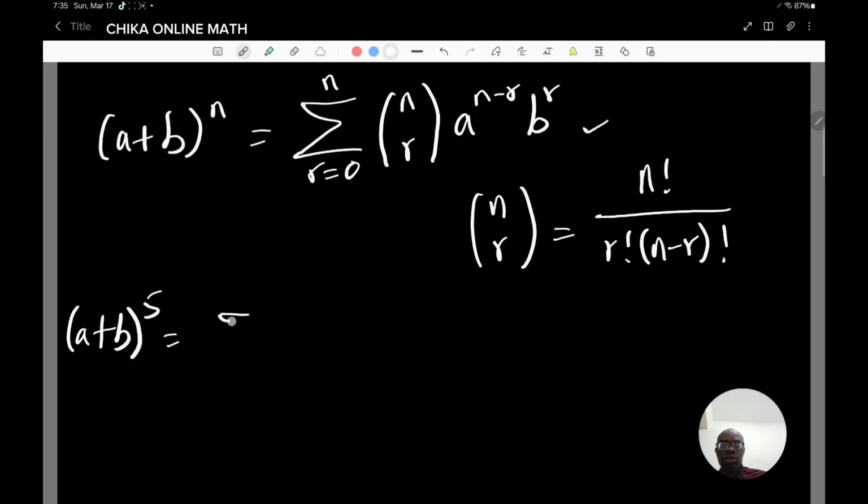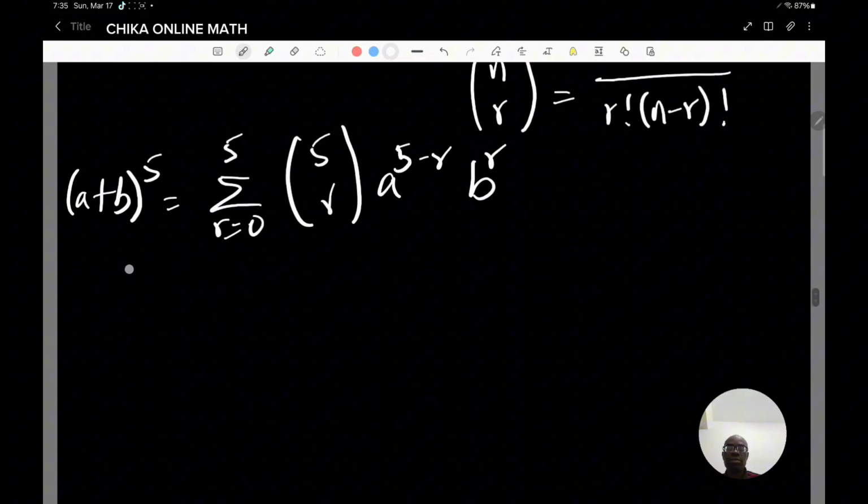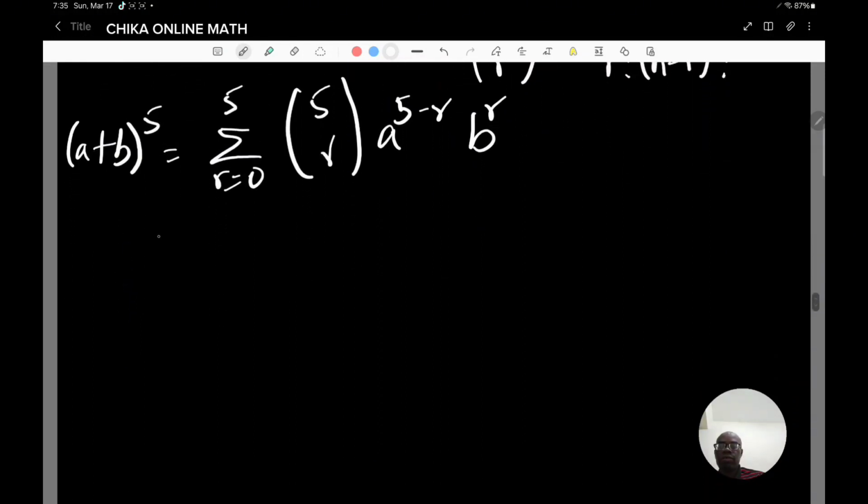So you have the summation, r equal to 0 to 5, of 5 combination r, a to power 5 minus r, b to power r.